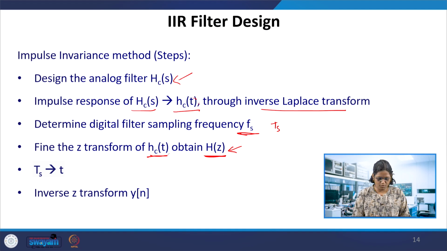Don't forget to put the T, all the t's here, that means Ts is what we have used for T. Convert this, and then the inverse transformation gives y(n) in terms of x(n). The Z domain transfer function itself will give the coefficients: a set of A feedback coefficients and a set of B feedforward coefficients.